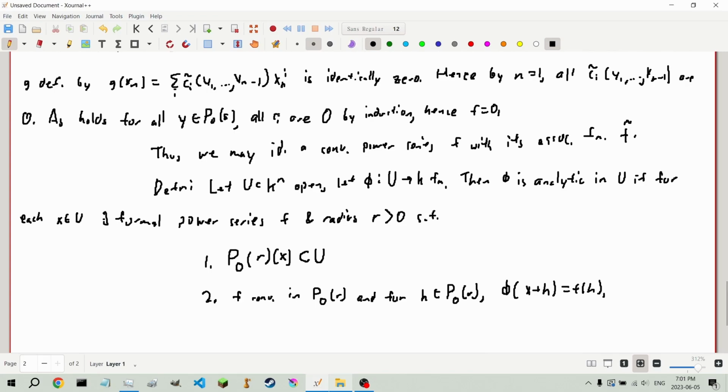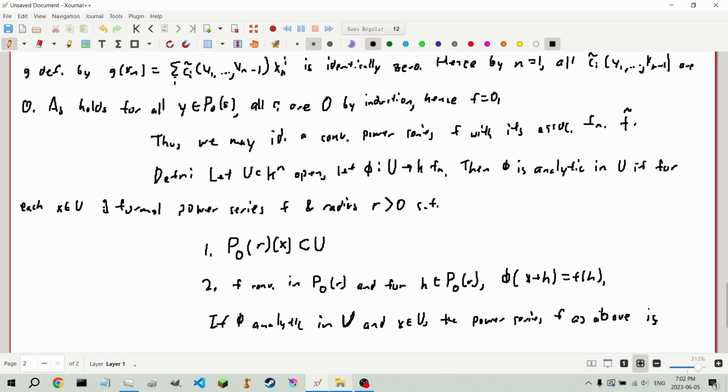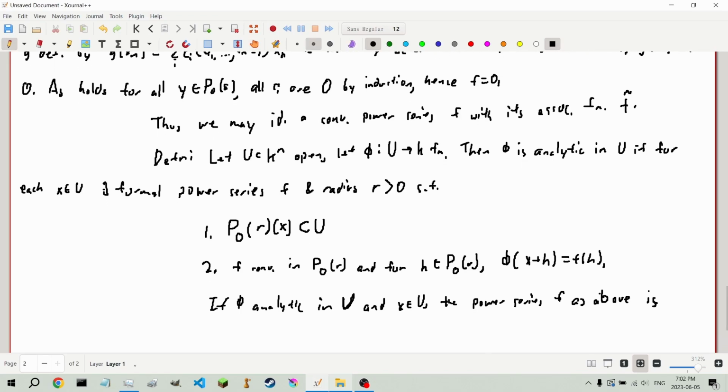And of course, if phi is analytic in U and x is in U, the power series f from x as set out above is unique and called the local expansion of phi at x.